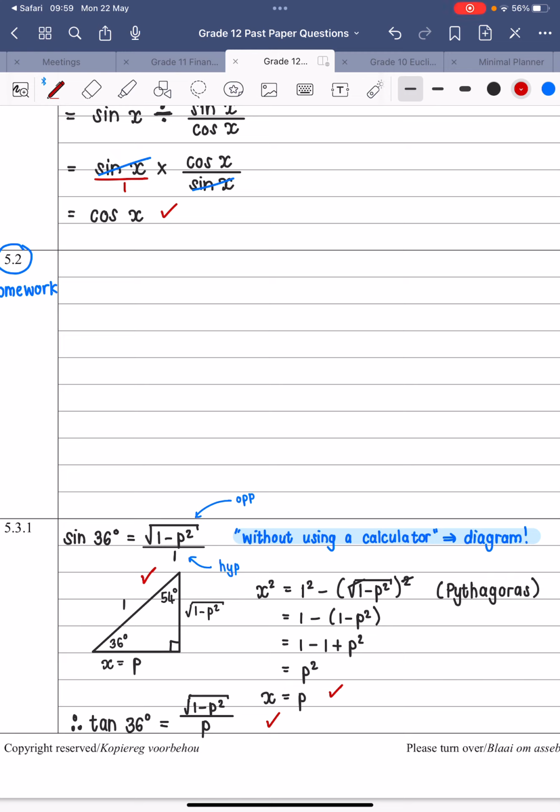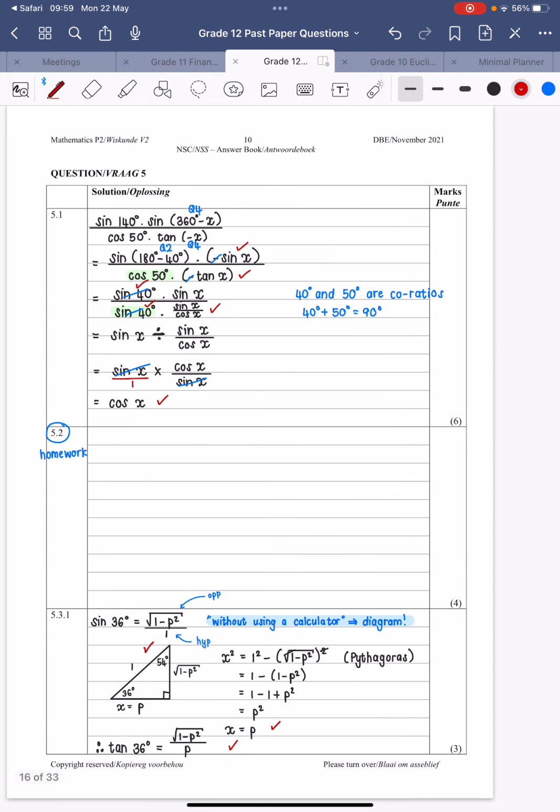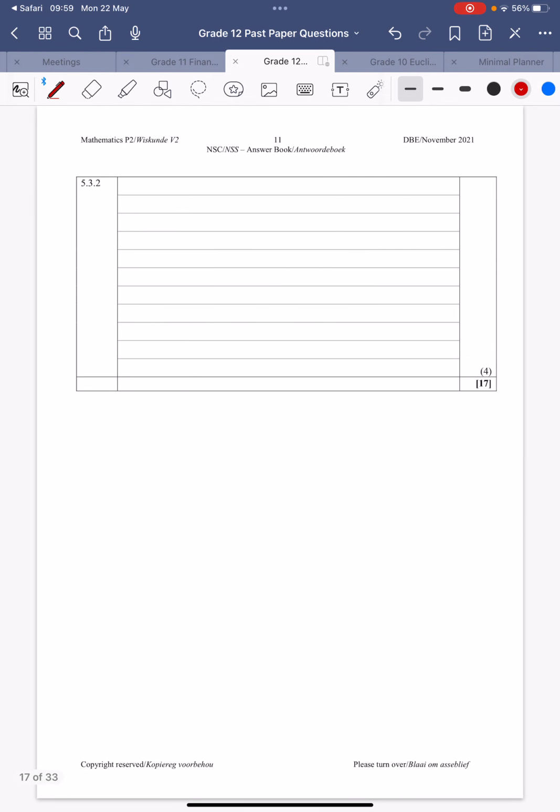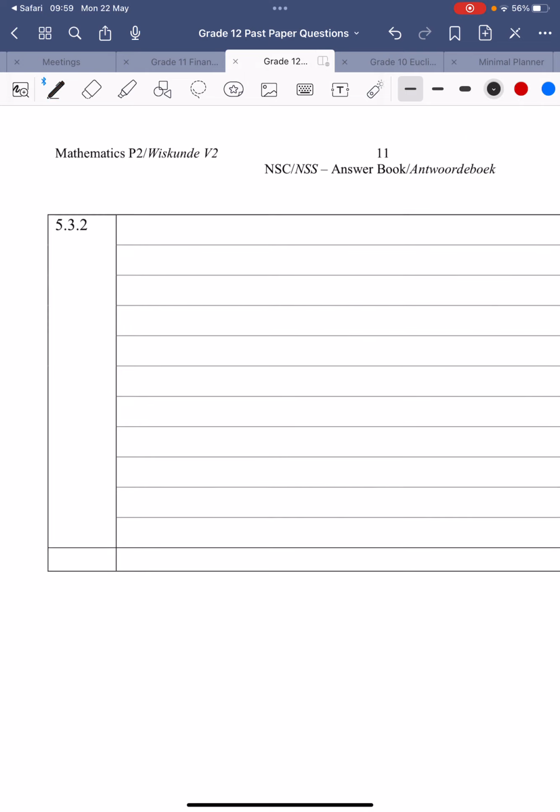Okay, 5.3.2. Now you can see that that one is worth 4 marks, but we already have the diagram, meaning they're not going to give us marks for the diagram again. Okay, so for 5.3.2, the question was asking for cos of 108. Now guys, do we have 108 degrees in our triangle? No, meaning we're going to have to work on this until we get something written either with 36 or what is the other angle in the triangle? 54.